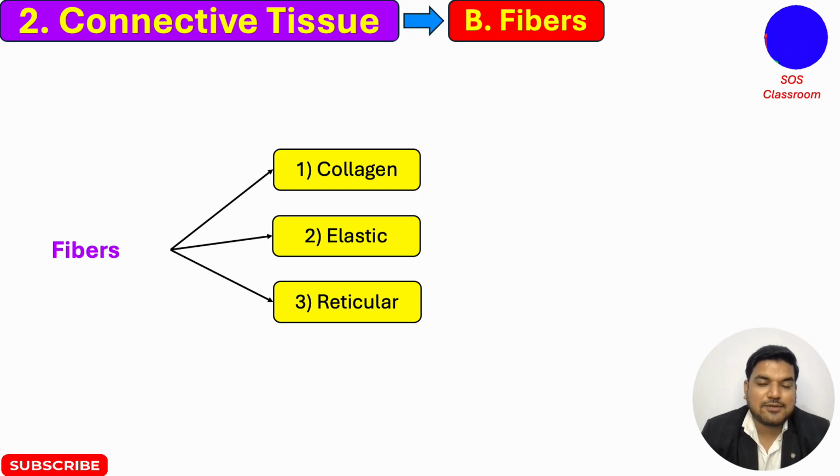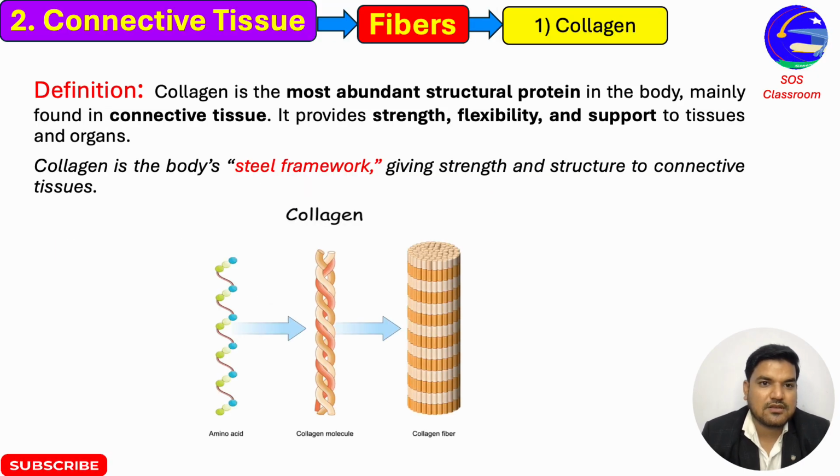Next, what are the fibers present in the connective tissue? So there are mainly 3 fibers: collagen fibers made by the collagen protein, elastin fibers made by the elastin protein, and reticular fibers made by the reticular protein or reticular cells, which are also similar to the collagen fibers. So first, the collagen fibers.